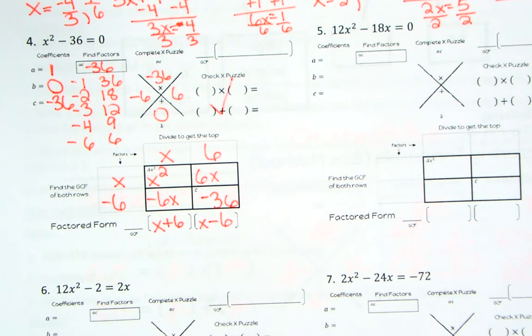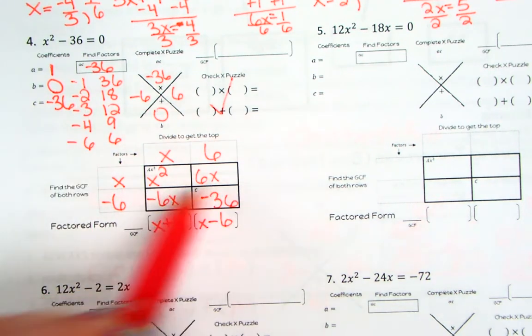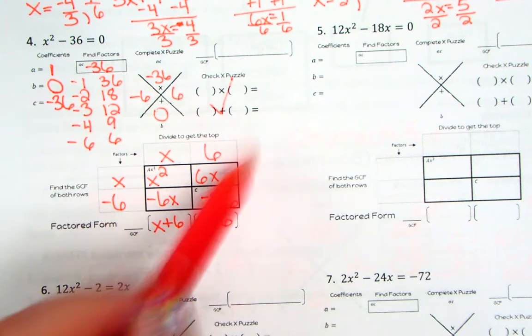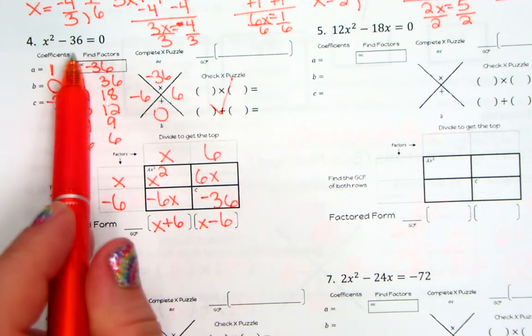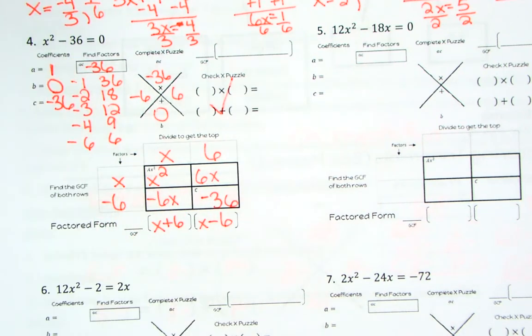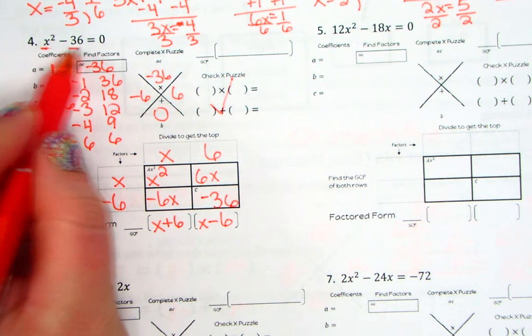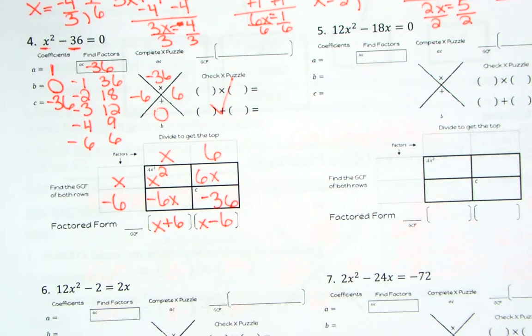And I want to draw your attention really quick. So I showed you the long way, which I sincerely hope for this type of problem, because it is a special kind of problem I'll talk about in just a second. I hope that you never have to walk through the long way, because I hope that you remember that with two terms that are both perfect squares with a minus sign in the middle, they follow that difference of squares pattern.